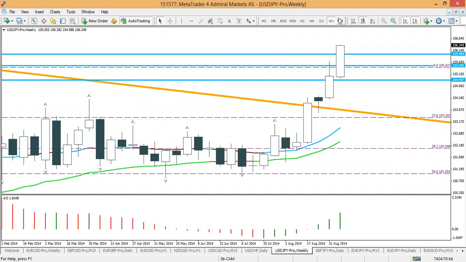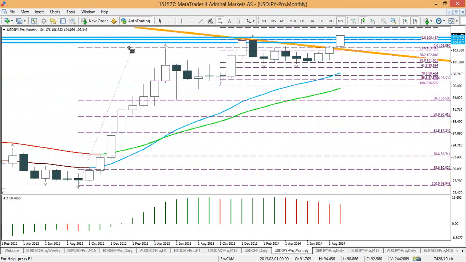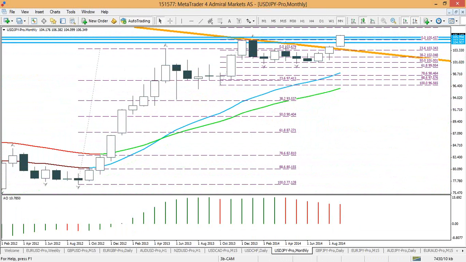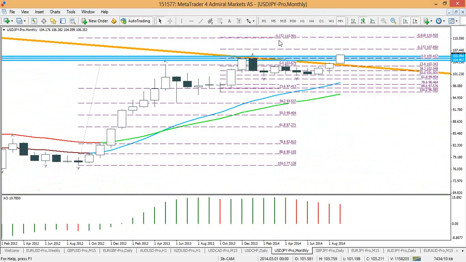That minus 618 target, by the way, is the minus 272 of this weekly chart right here. And you see that that minus 272 of the monthly chart here, or weekly, at 110.90 adds up exactly to the minus 618 at 110.92 of this smaller fib.